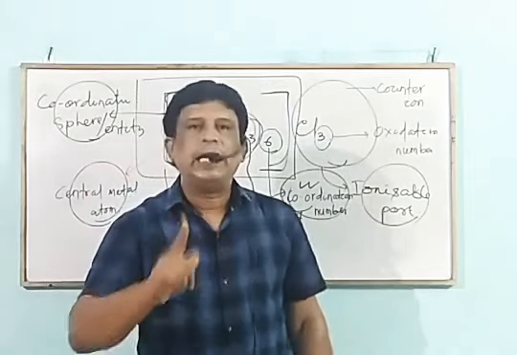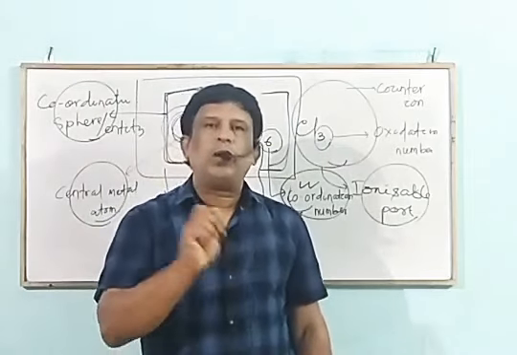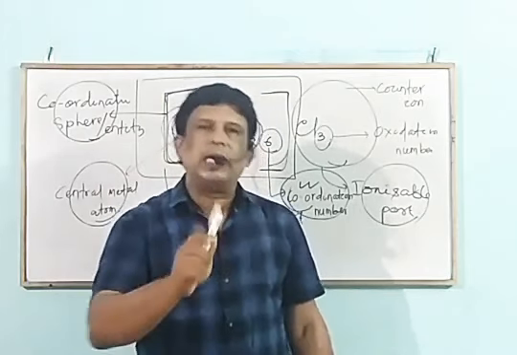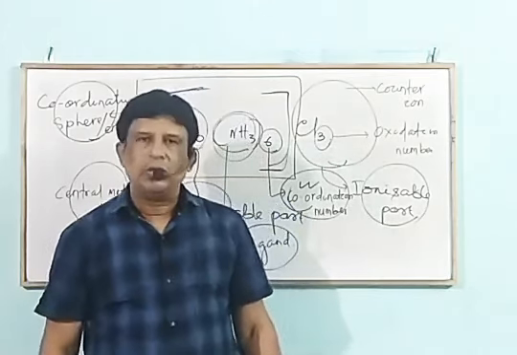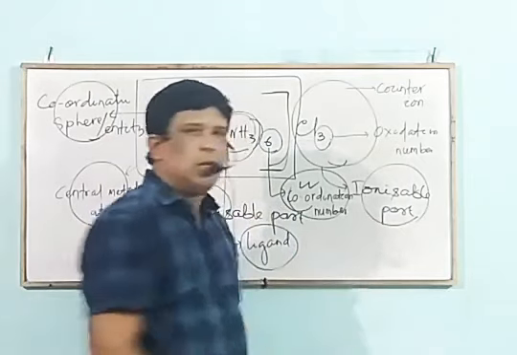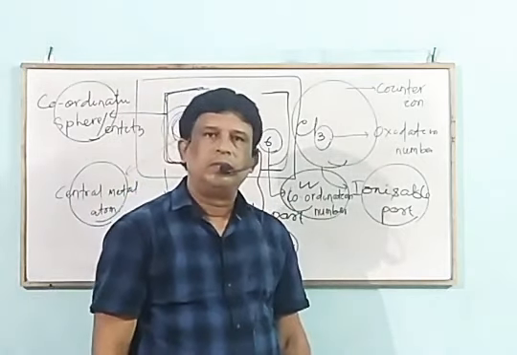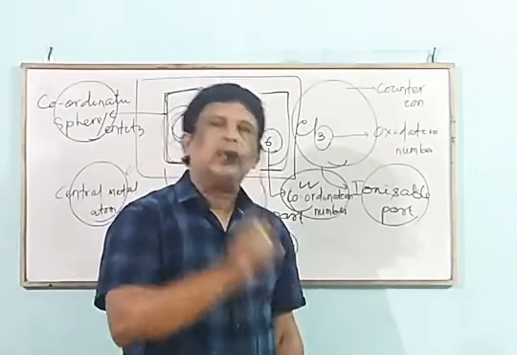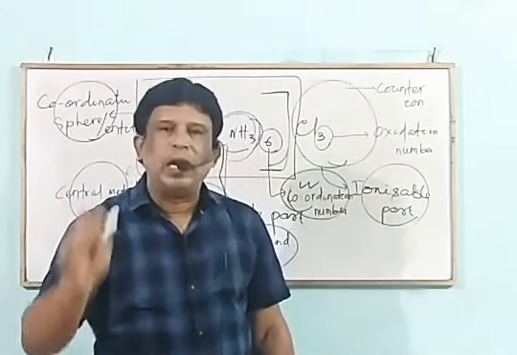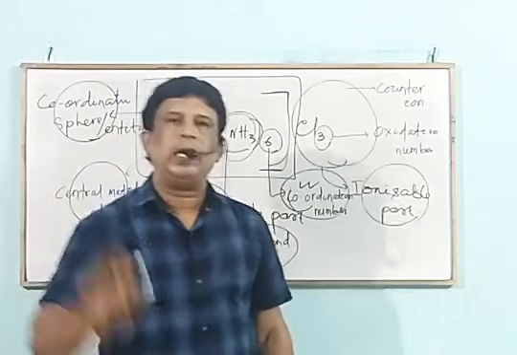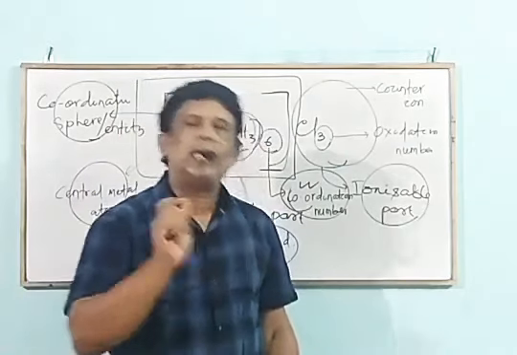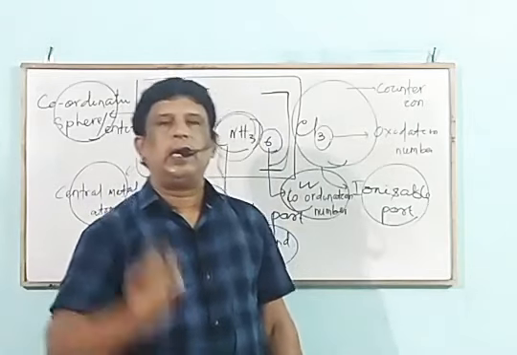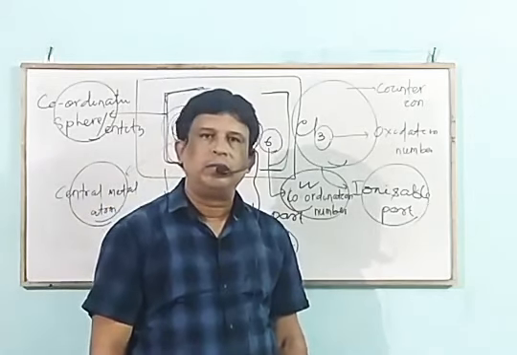The number of dative bonds formed by the ligands with the central metal atom is known as its coordination number. If it is a monodentate ligand, then the coordination number is equivalent to the number of monodentate ligands. If a bidentate ligand is there, coordination number is equal to 2 into the number of bidentate ligands.